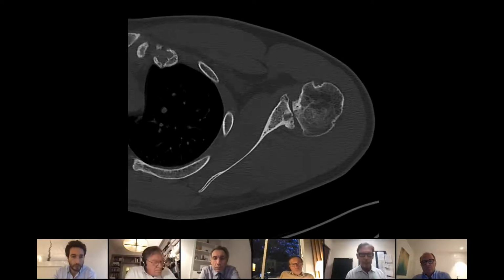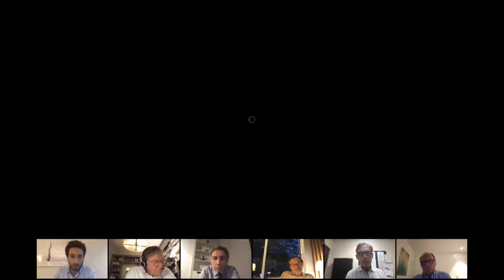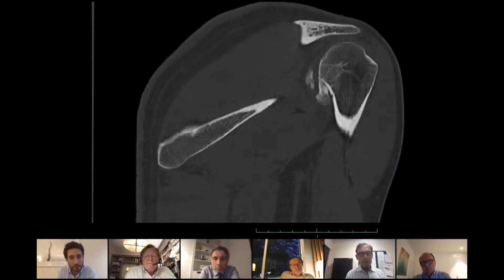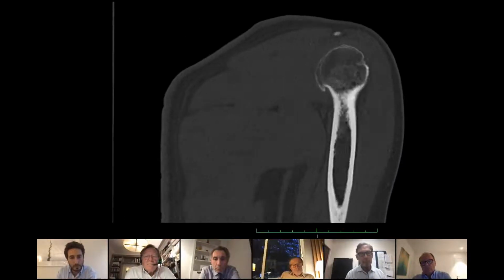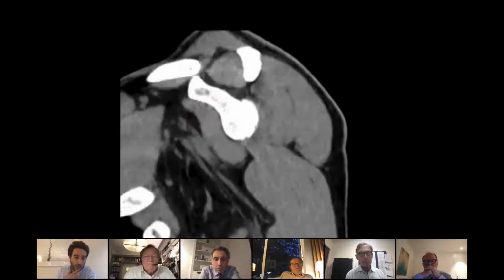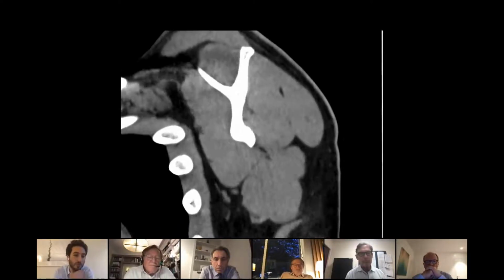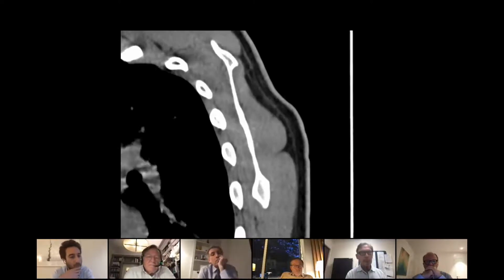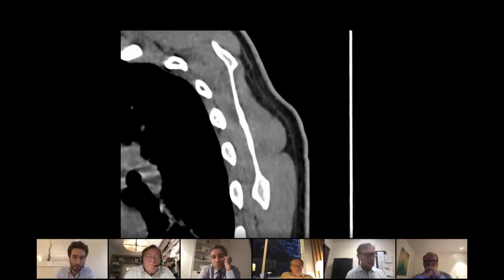Then we can look at the coronal views, and then we also have the sagittal views and the soft tissue. As Christian said, the rotator cuff is absolutely intact, so there was no problem with the rotator cuff.